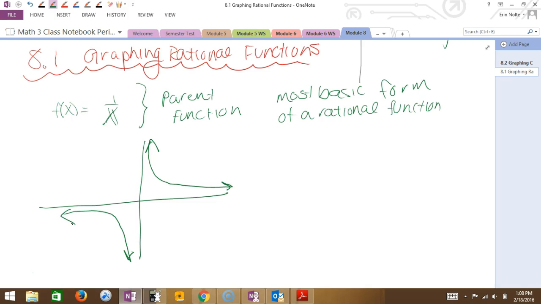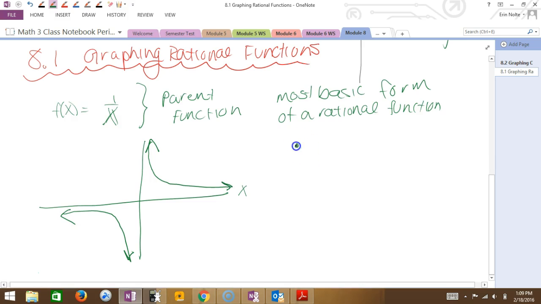Has anybody ever seen this shape before? Okay. So let's just give some observations, like what is actually happening with this graph? Let's look at the axes in particular. What's happening at the x-axis with both of those pieces? It never crosses it, right?